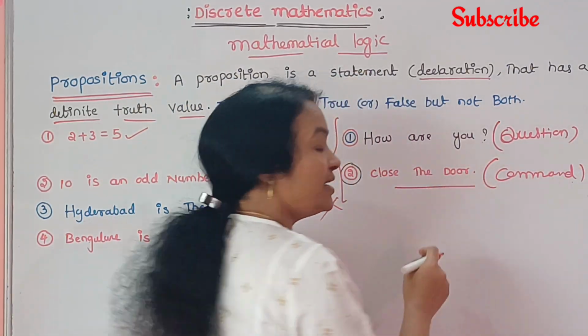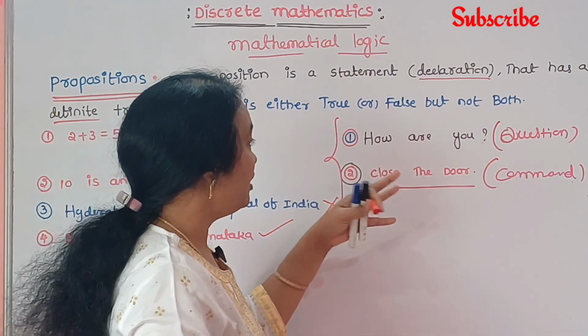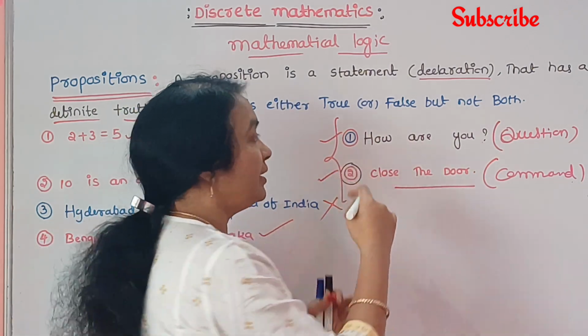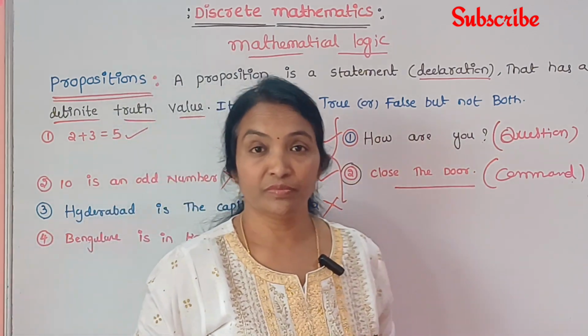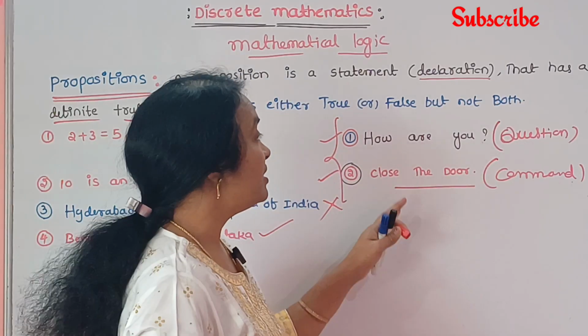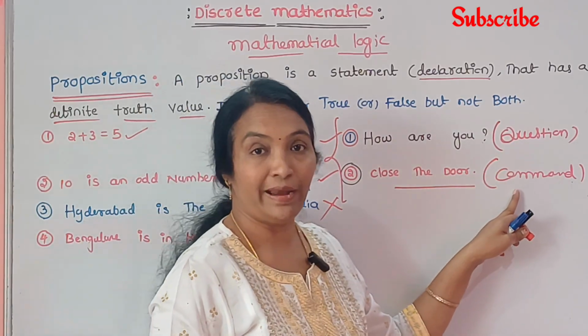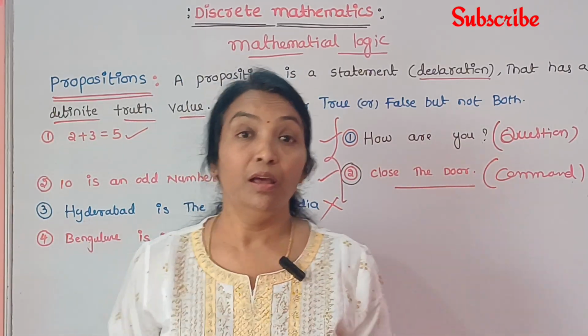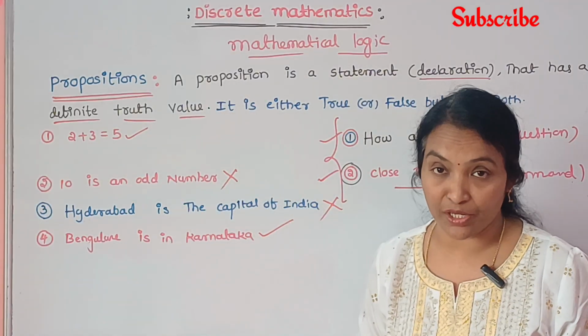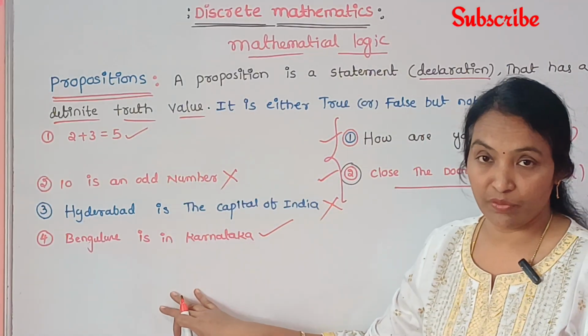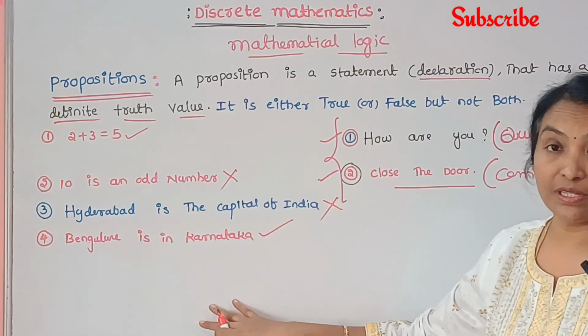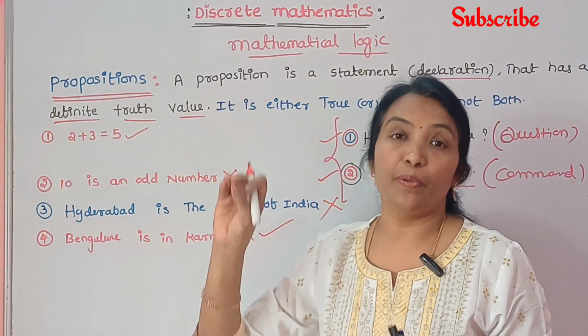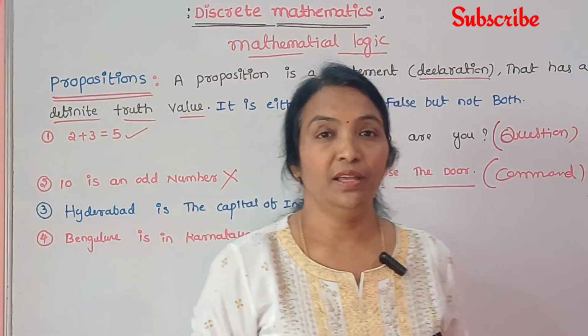Can you conclude that these two are declarative sentences? I said no, because this is a question and this is a command. There is no proper declaration. Declarative sentences are called propositions. Is it clear? I think you understand very well.